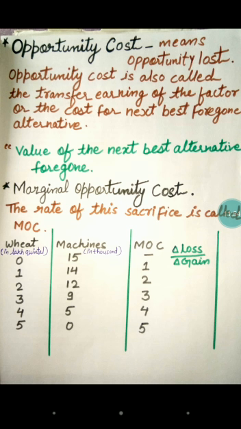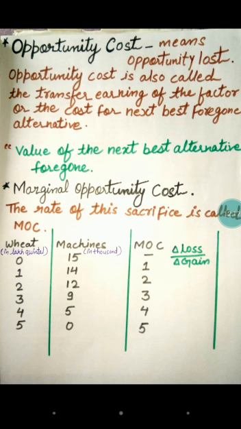And in marginal opportunity cost, we are talking about the rate of sacrifice. In opportunity cost, we only talk about the sacrifice, we are losing something. But the rate of sacrifice is called marginal opportunity cost, or MOC.